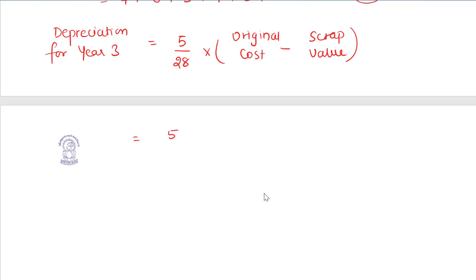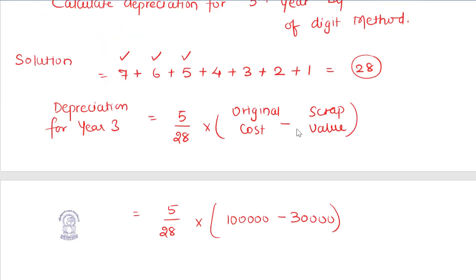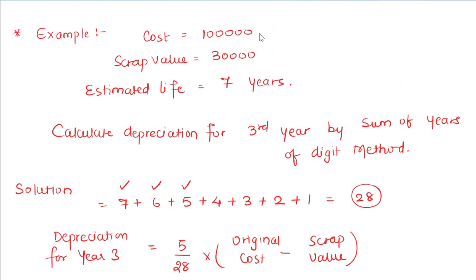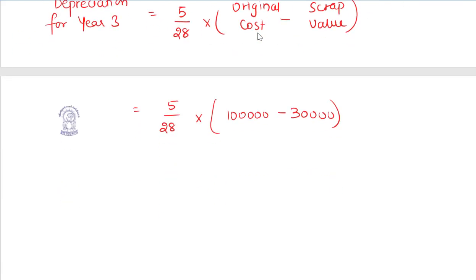So it would be 5 by 28 multiplied by original cost, which is 1 lakh, minus scrap value, 30,000, that is 70,000. So 5 by 28 multiplied by 70,000.